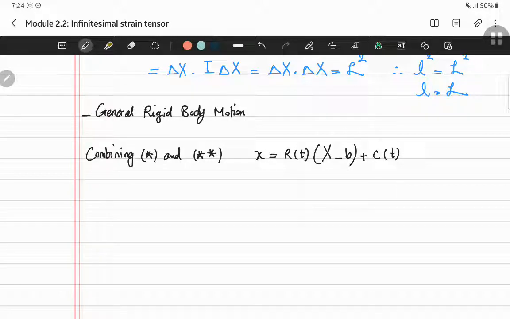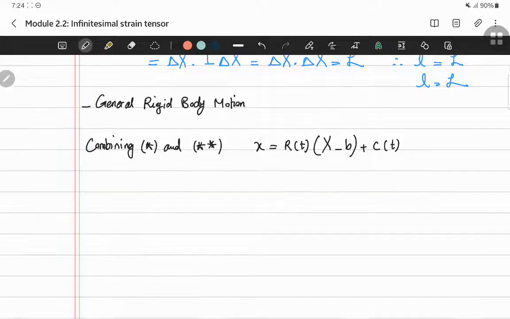So we have this rotational tensor, which is an orthogonal tensor, and we have this translation vector, an arbitrary kind of vector. It says that, okay, your initial configuration needn't be at the origin.